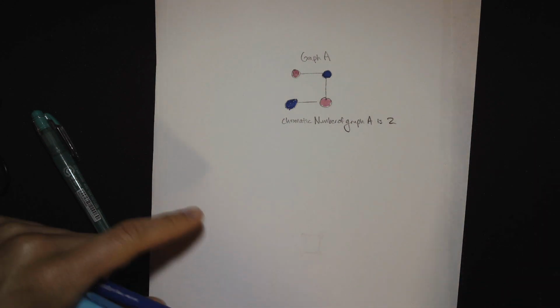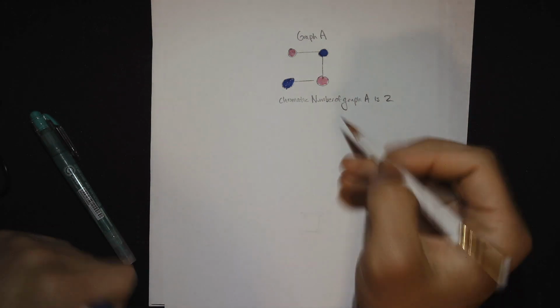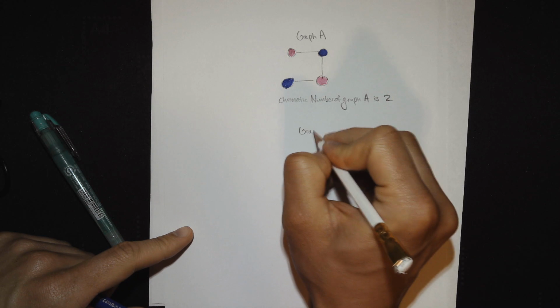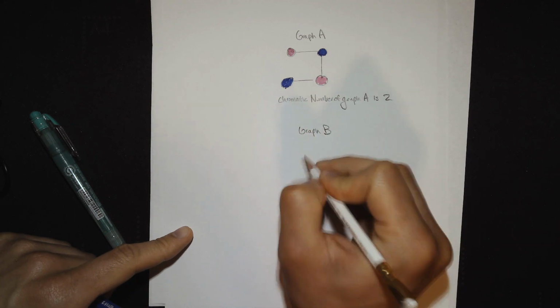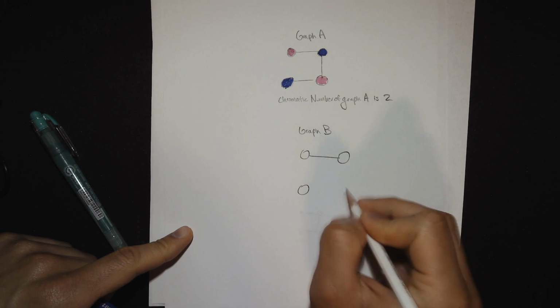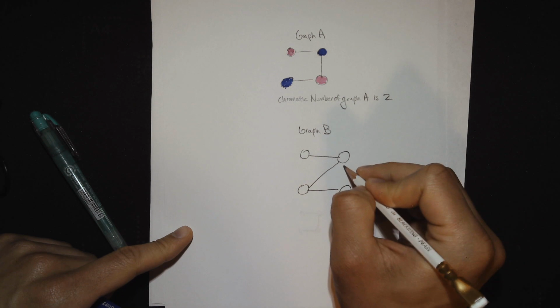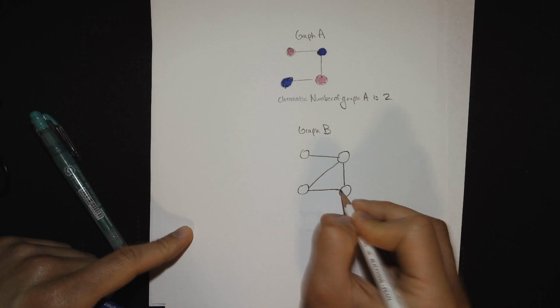All right, let's look at another graph and see what its chromatic number is, right? Or what the answer to the vertex coloring problem is of another graph, graph B. All right, so let's do something a little similar. Okay.